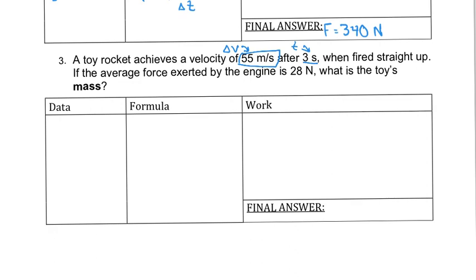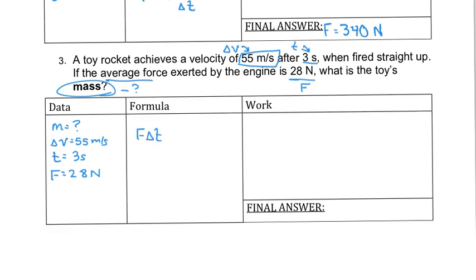It says the average force. The force is 28 newtons, and we want to know the mass. So that's our question mark. So M equals question mark. Delta V equals 55 meters per second. T equals 3 seconds. And force equals 28 newtons.